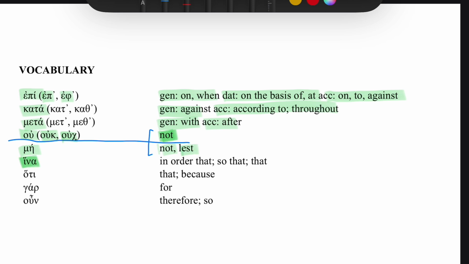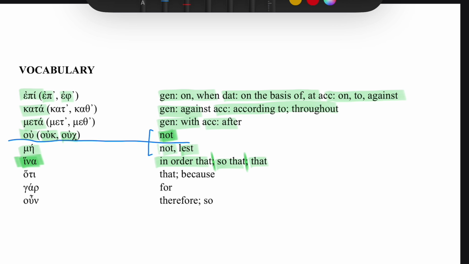Hina, very theologically significant word, shows up in a lot of places, means in order that, so that, or that. Notice the semicolon here. These are technically different semantic categories within this word, so it's important to memorize those distinctly.